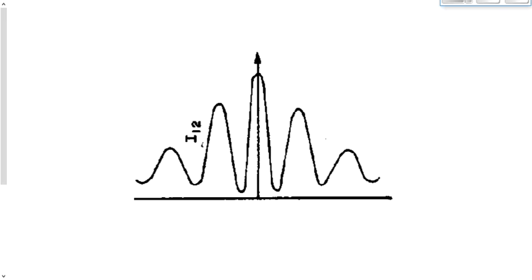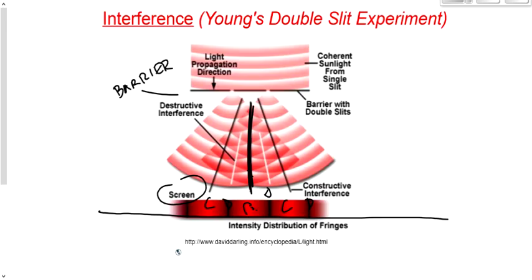Now, if I plot a graph of intensity on the y-axis versus position on the x-axis of what I see on that screen, then that middle bright spot right here, that we're going to call our central bright spot, or our central maximum, I don't know if you remember this term from Physics 20 or not, antinode, remember that?